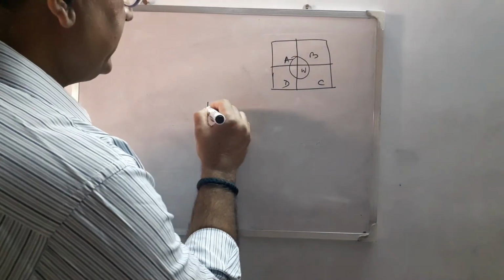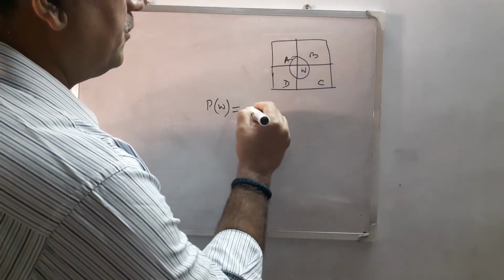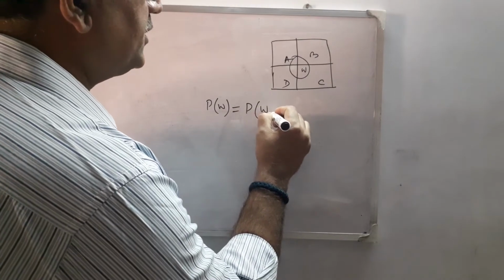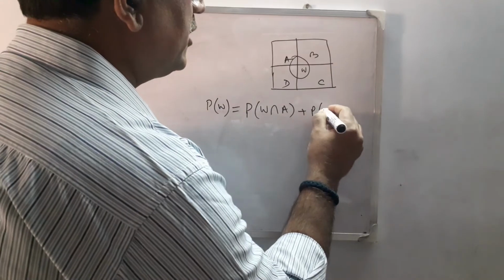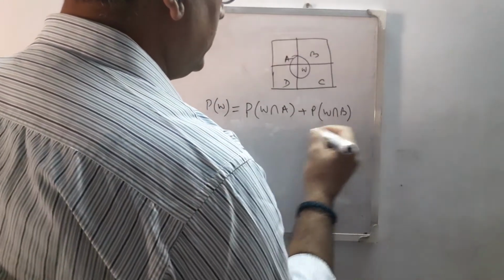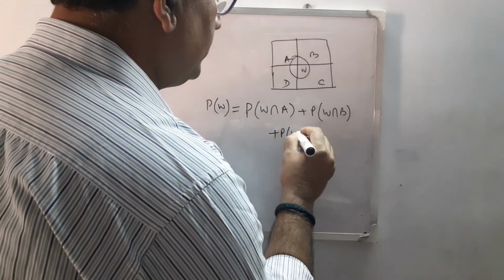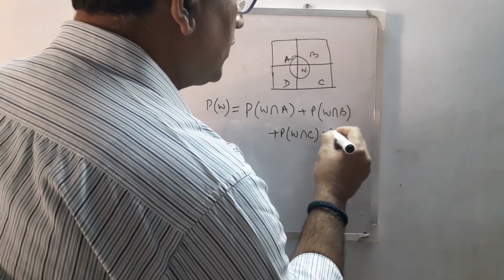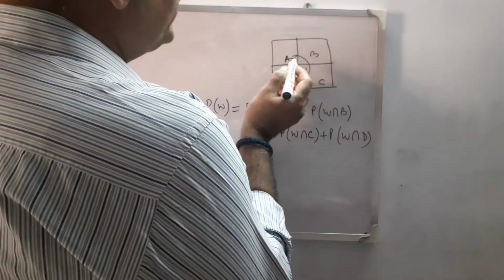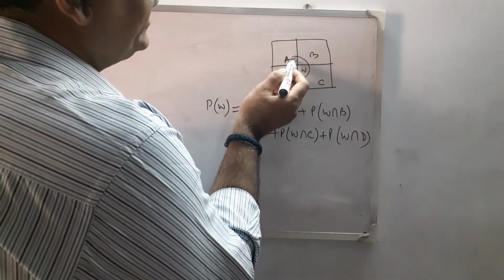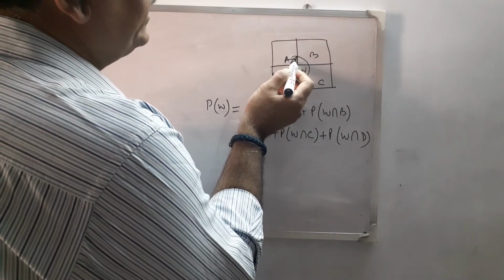The probability of W you will get by taking P(W ∩ A) + P(W ∩ B) + P(W ∩ C) + P(W ∩ D). You see here, if you take the common portion of W and A, this portion will be added.